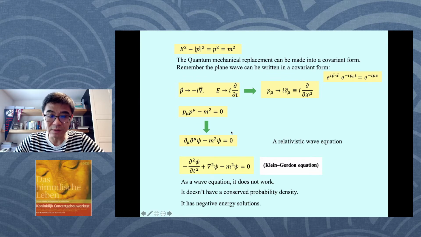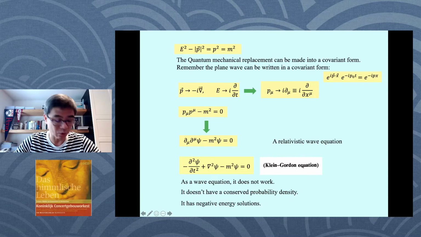I will show you why it doesn't work. But because Schrodinger did not publish it, the next inventors were Klein and Gordon. So now this equation is called the Klein-Gordon equation. I will show you how we are going to use the Klein-Gordon equation later.